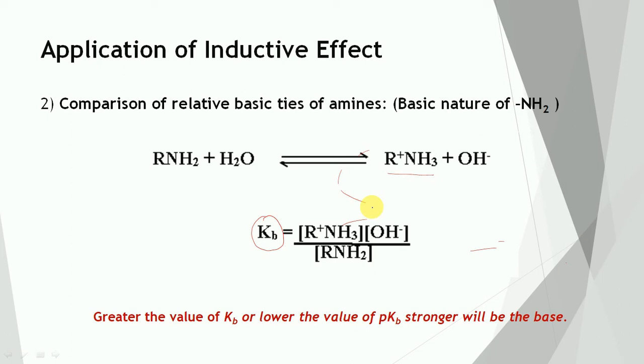The basicity of amines depends upon the availability of the electron pair on nitrogen and the stability of the substituted ammonium ion formed. So two factors play an important role in the basicity of amines.